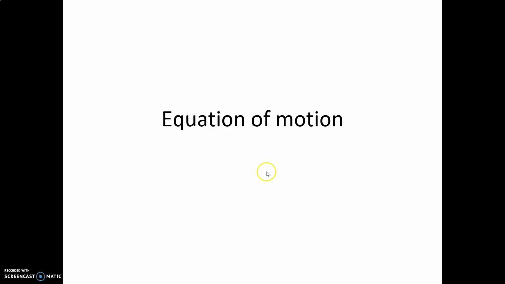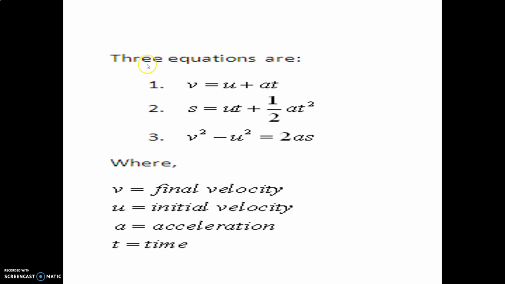That's why we have the equations of motion. There are three equations of motion: v = u + at, s = ut + ½at², and third, v² − u² = 2as. Here v is the final velocity, u is the initial velocity, a is acceleration, and t is time.